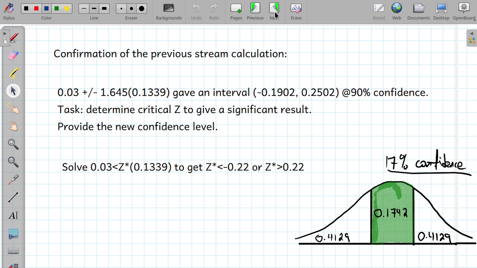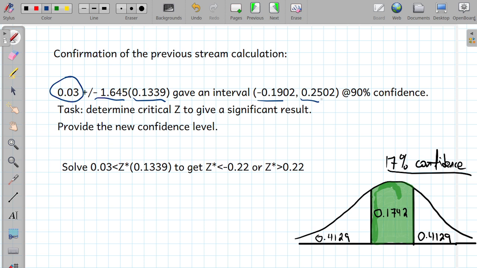The difference between the two samples was 3 percentage points, which is what you see here. And it was at 90%, so this is our critical value, 1.645, and the standard error was 0.1339. That produced an interval that spanned 0, hence there was no significant difference, ranging from negative 19 percentage points to positive 25 percentage points.